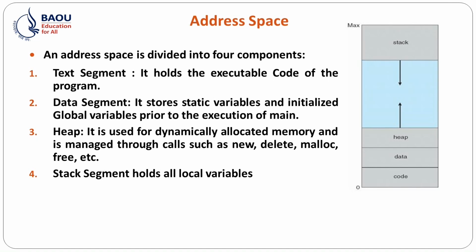Heap is used for dynamically allocated memory and is managed through calls such as new, delete, malloc, free, etc. The stack segment holds the local variables, such as the ones we declare ourselves in C or C++, like int x, c, etc.